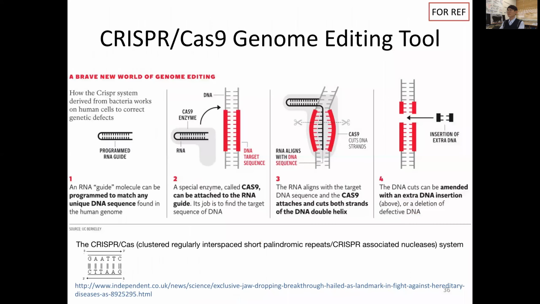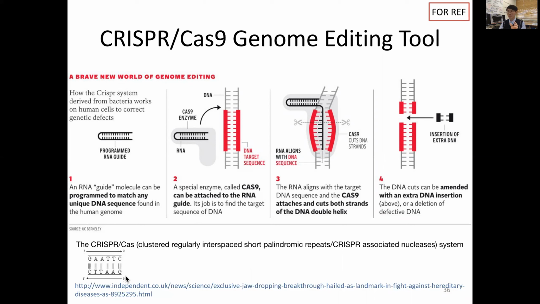Now, more recently, an interesting specific gene editing tool has been discovered, called CRISPR-Cas9. You have probably heard of it many times. CRISPR stands for clustered regularly interspaced short palindromic repeats.